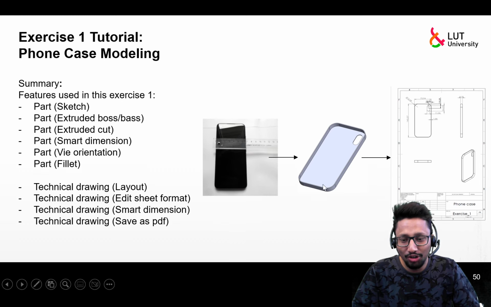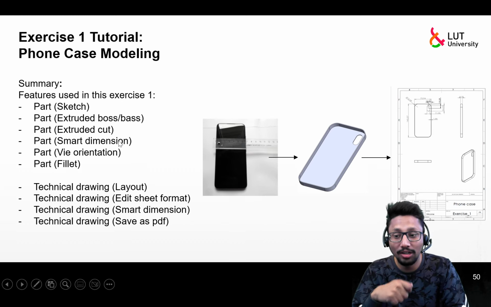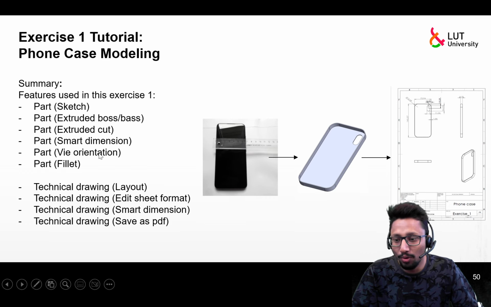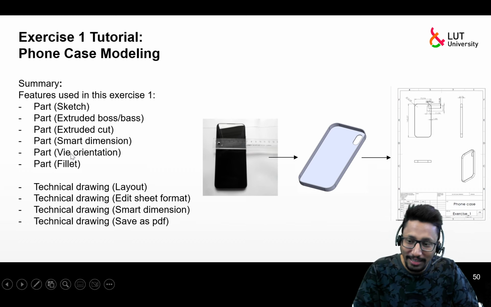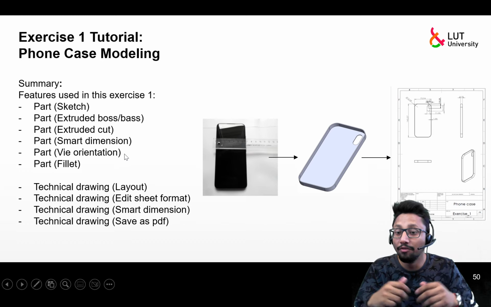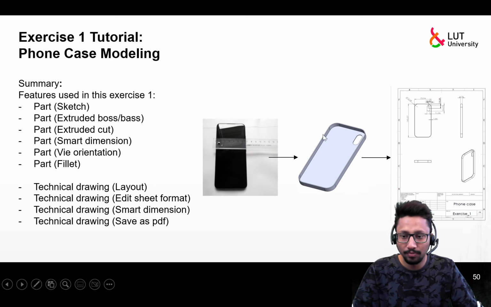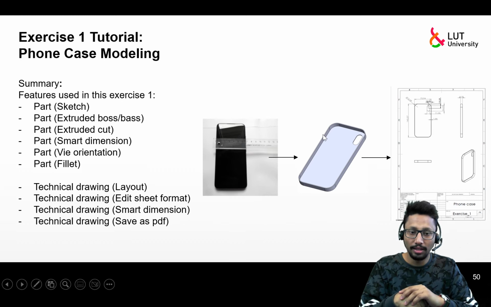Then we made a 3D CAD model, and while making the 3D CAD model, we saw how we can make a sketch, then extrude the object, then again make a sketch to extrude cuts, then use smart dimensions to actually dimension it properly, and then using this view orientation, we saw how we can view different orientations. There's a spelling mistake, it's VIEW. Then also we learned about filleting, so in order to provide these smooth corners, that's what we learned from SolidWorks, and that's what we promised in the beginning.